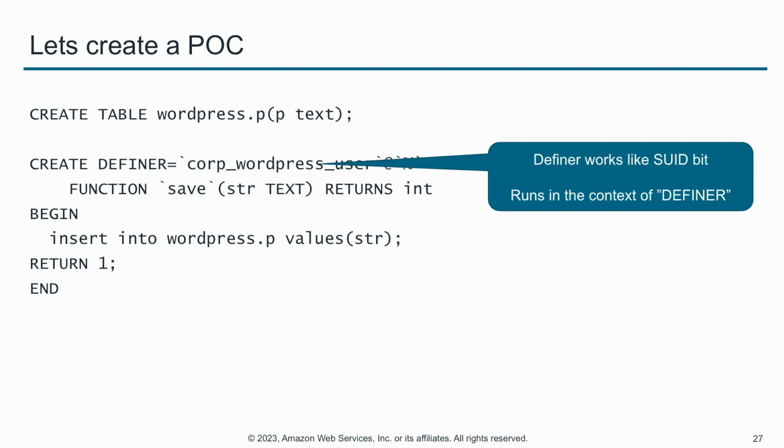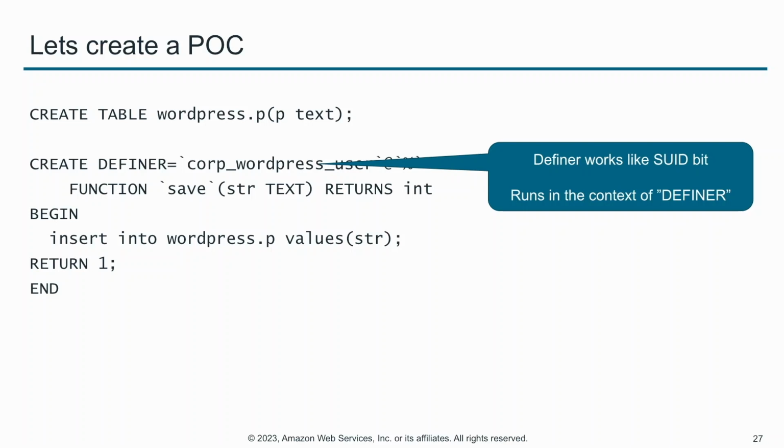What we can do is use another function. We call it the save function. We have this definer thing, right? And definer, if you know Linux, works like suid. This function will run in the context of the definer.